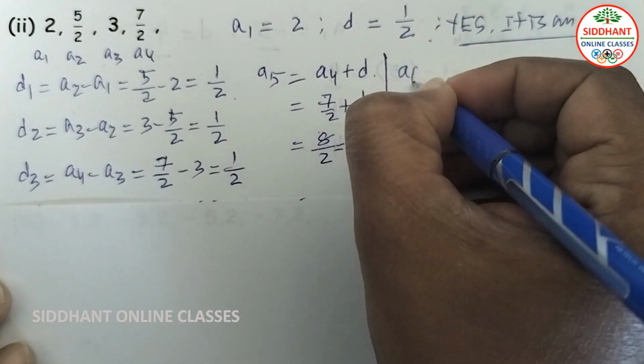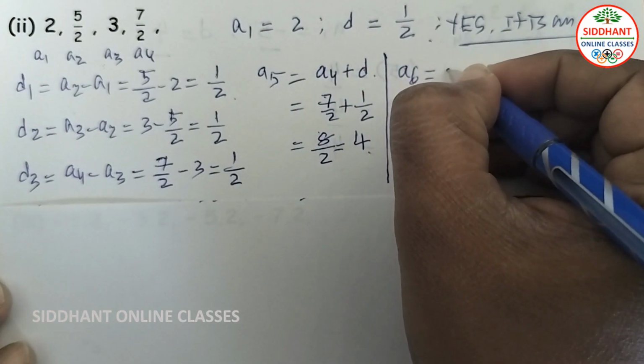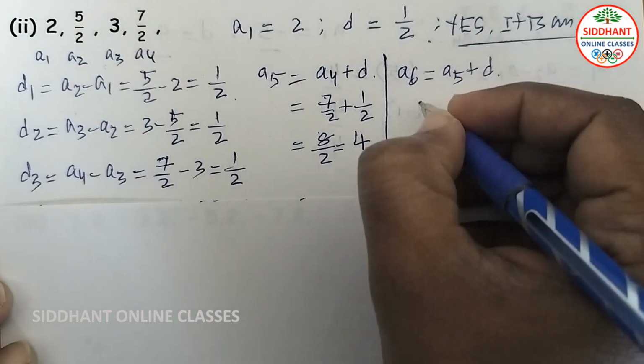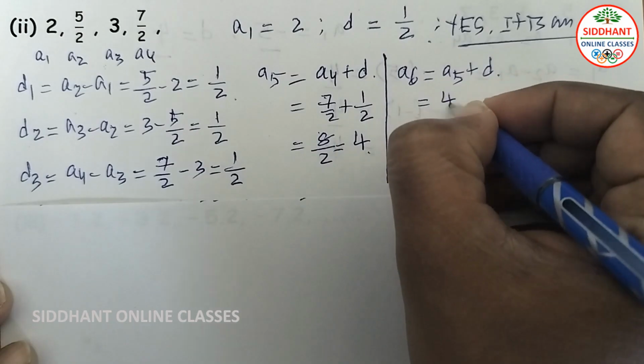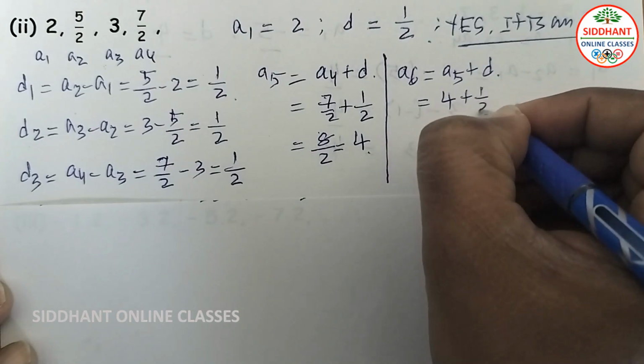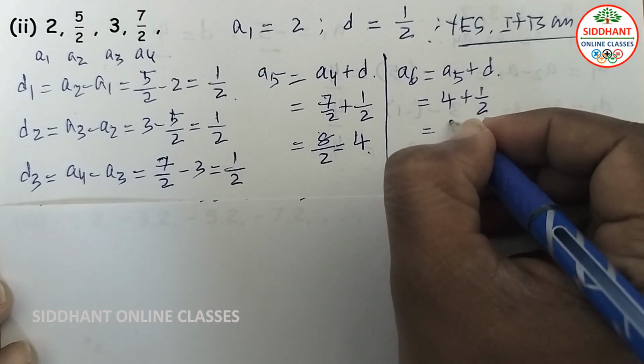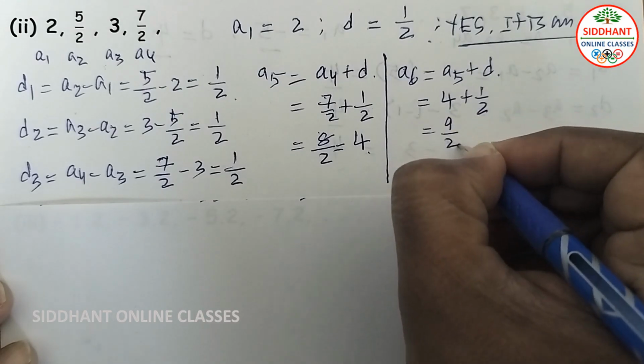Next A6 is A5 plus D, that equals 4 plus 1 by 2, that equals 8 plus 1, 9 by 2.